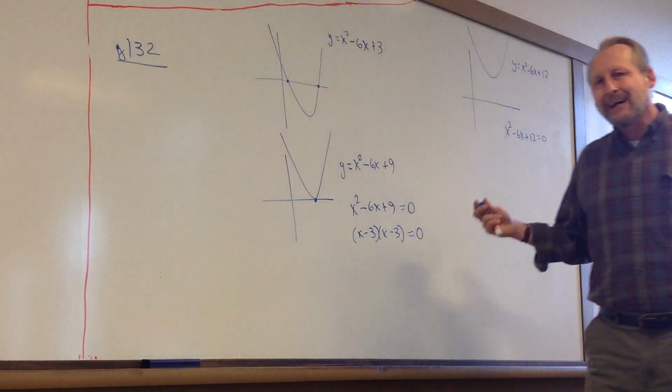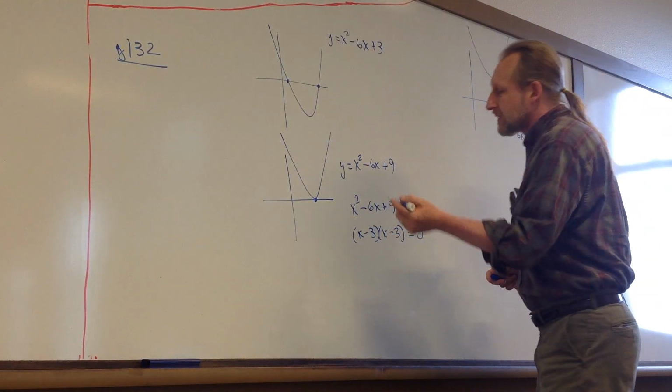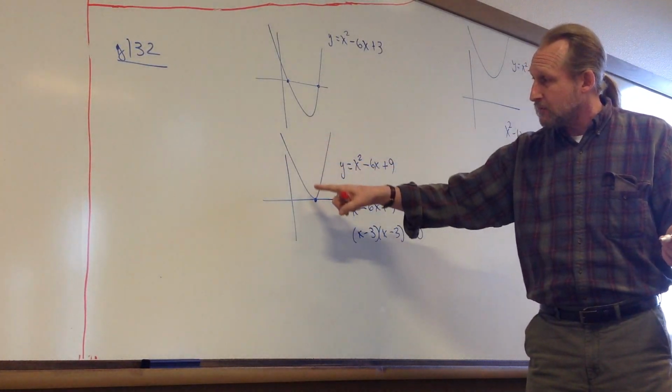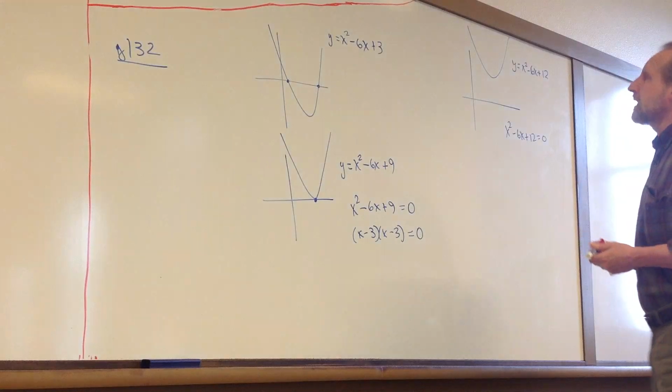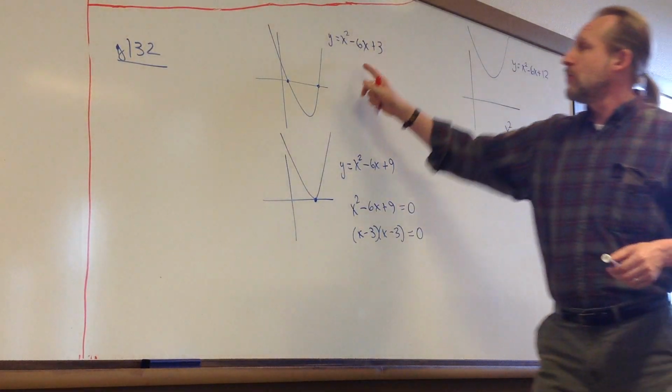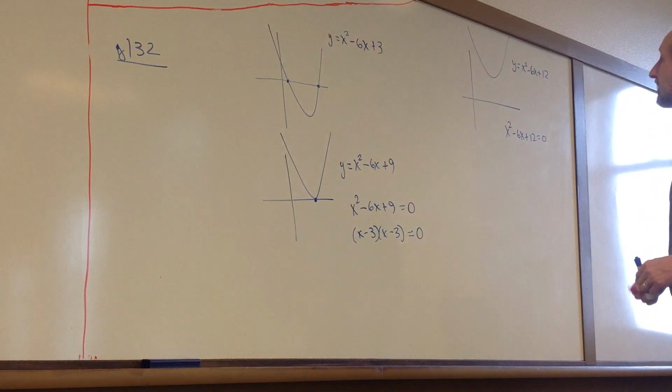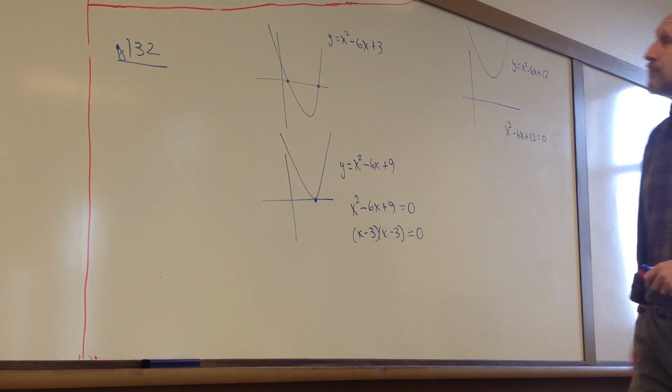So it does, I guess, have two roots, but it's the same root twice. What it looks like on the graph is where it just comes down and touches and then goes back up again. This one will cross in two different places. This one won't cross the x-axis at all because its roots are complex.